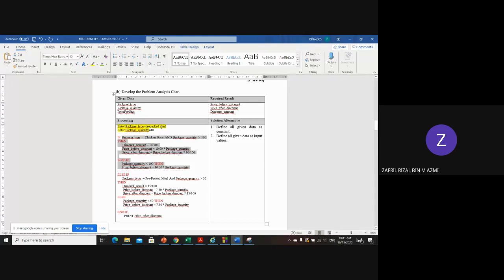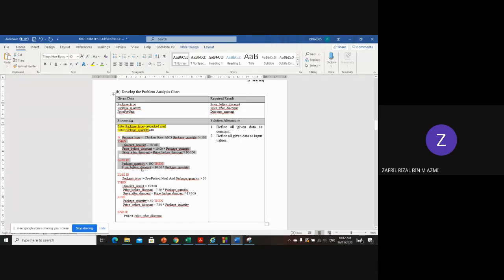So if the user enters pre-packed meal over here, the condition is going to check, is it correct? Pre-packed meal and the quantity is 10. So wrong, right? This is for chicken rice. So if it is wrong, then it will go to the second decision, which is else if. This one is checking, is package quantity less than 100? So true, right? So the system will calculate based on this.